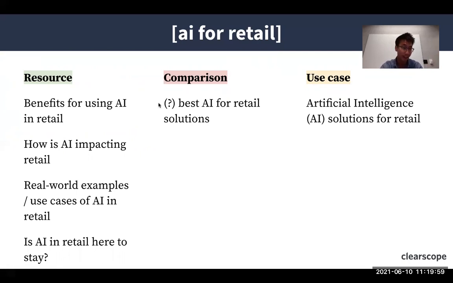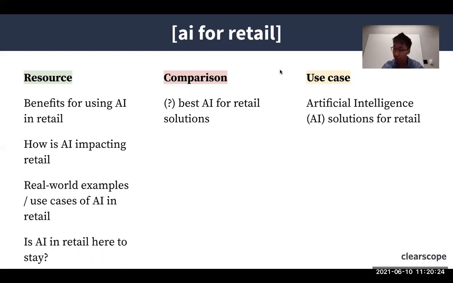And then I didn't find any comparison pages for best AI for retail solutions, but that's why I put a question mark there. I think this is a very niche field. And in the future, should AI for retail stick around and become a bigger industry, there would totally be a comparison intent that users are going to care about.